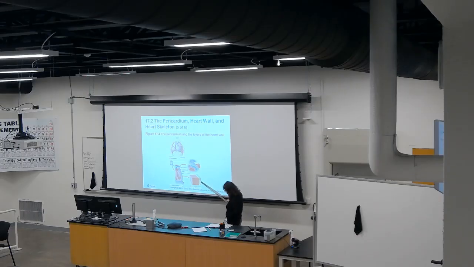Now, besides this membrane, the epicardium, we have a layer of fat here. And then we have blood vessels. When you do the dissection of the heart in the lab, you will see the same. So you will see the heart surrounded by fat tissue.